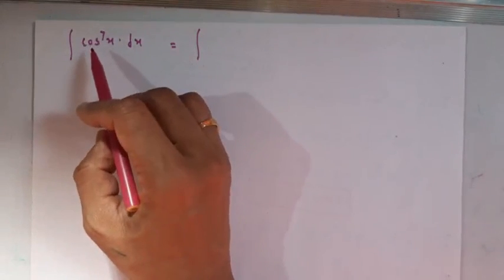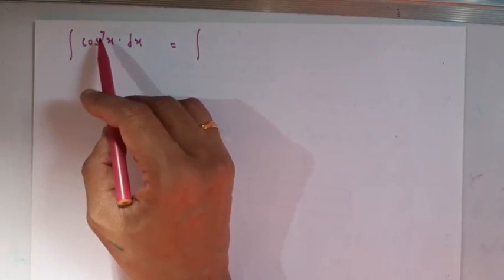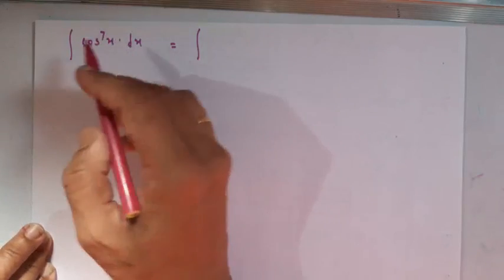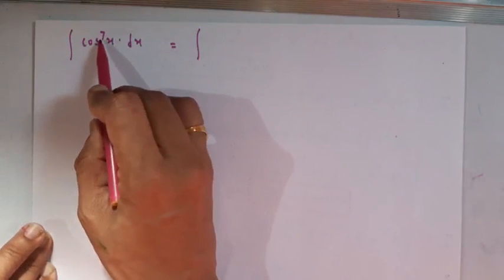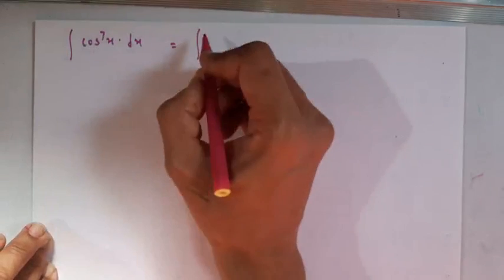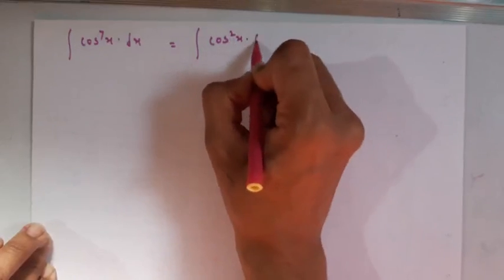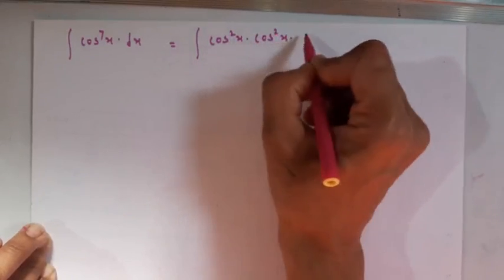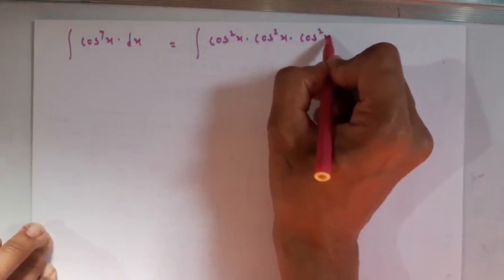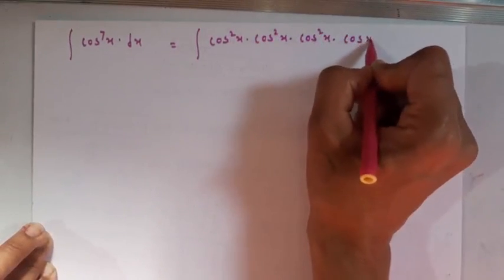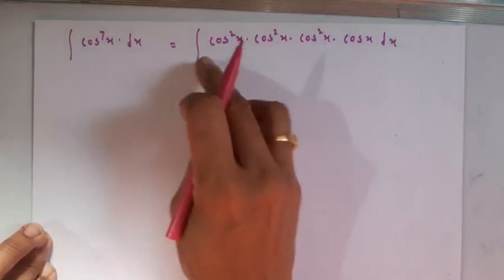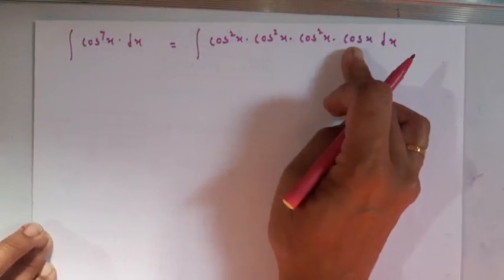But here that is not possible because there is an odd power of cos x. So now we have to adjust this power of cos raised to 7x like this: cos square x into cos square x into cos square x into cos x with respect to x. Cos raised to 6 into cos 1, that is the 7th power.